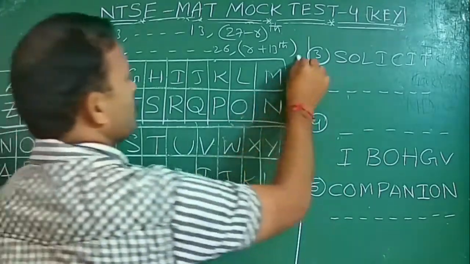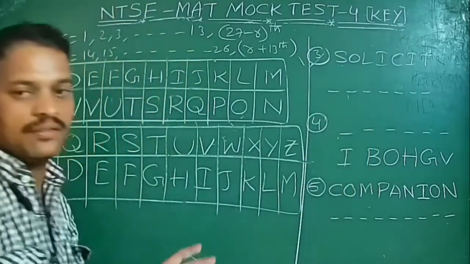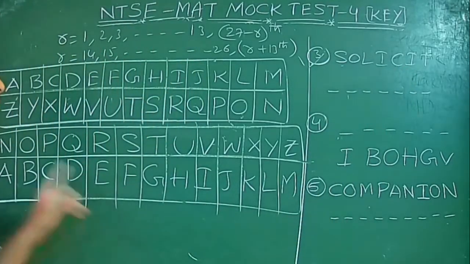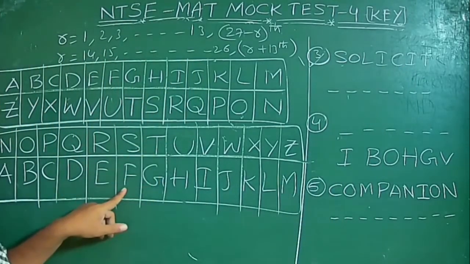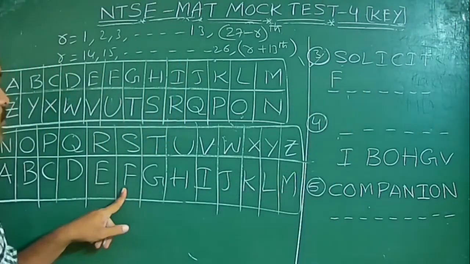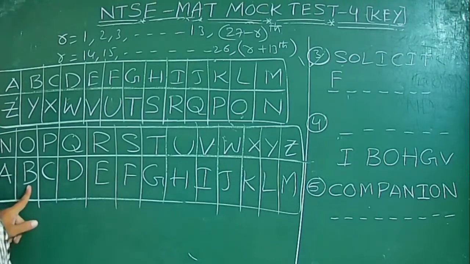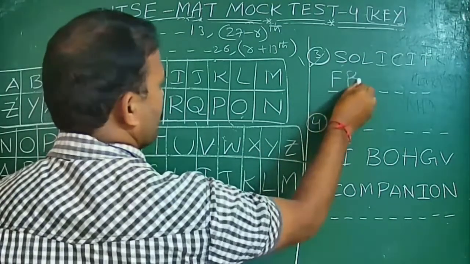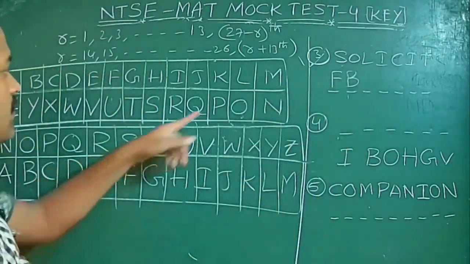Now in this third question, I want the code for SOCIALIST. What is the S code here? F only. S code is F only. Next O. What is the O code? O code is B. And L. L code is what? L code is O.